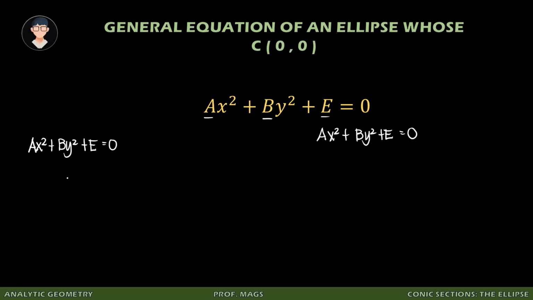So sabi natin, the general equation of a circle whose center is at the origin is the same as the general equation of an ellipse whose center is at the origin. But they are different. So the condition, again, A should be equal to the value of B, and they have the same sign.